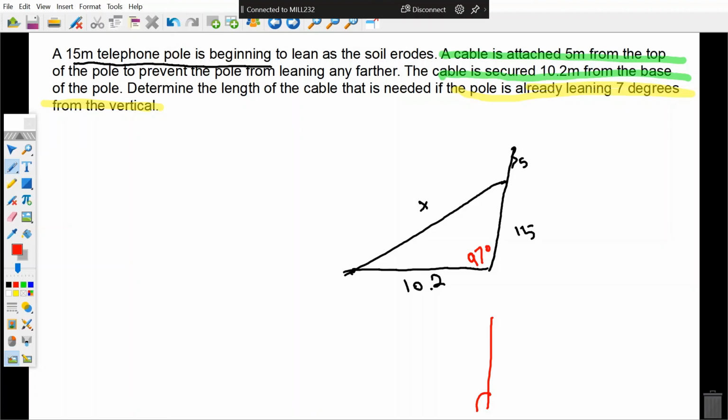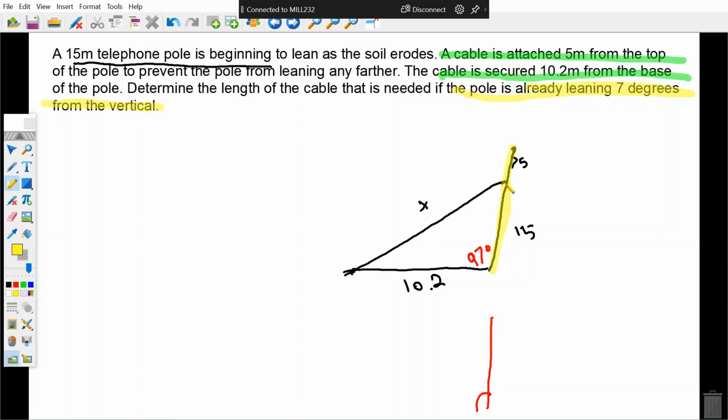Now, as we go to make our triangle, there's one more thing to point out. This length right here, this entire pole is 15 meters, right? But we don't need that 15 in the triangle because we're not using the entire pole in the triangle, right?